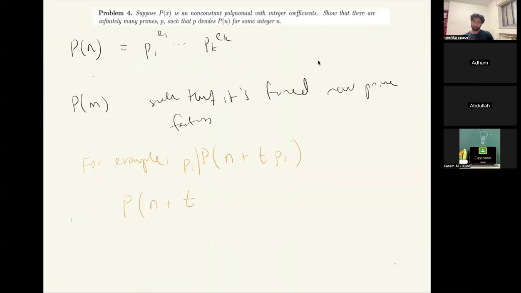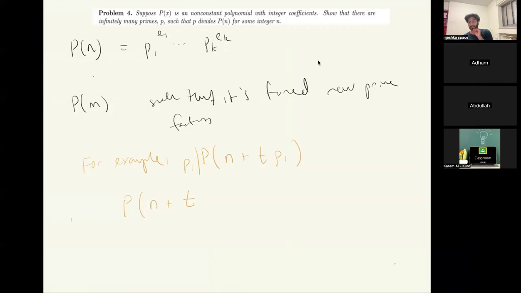So we have that one of these primes divides p of m if m is congruent to n mod that prime. No, not if and only if, right? Definitely if, not only if, because it could be that there are other solutions mod p.